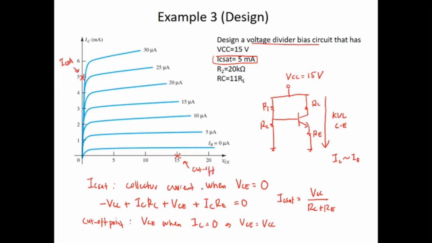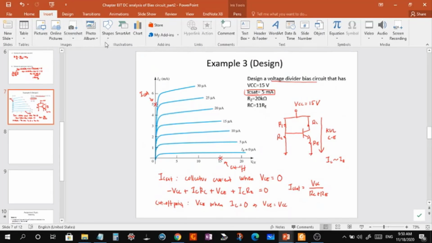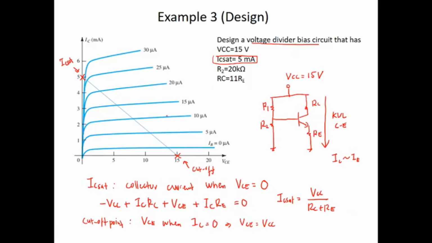Now since you have these two points, you can draw the straight line connecting these 2 points. You got the straight line, and this is the load line. When you want to design the bias circuit, ideally we want to make the Q point of the BJT at the middle of the load line.